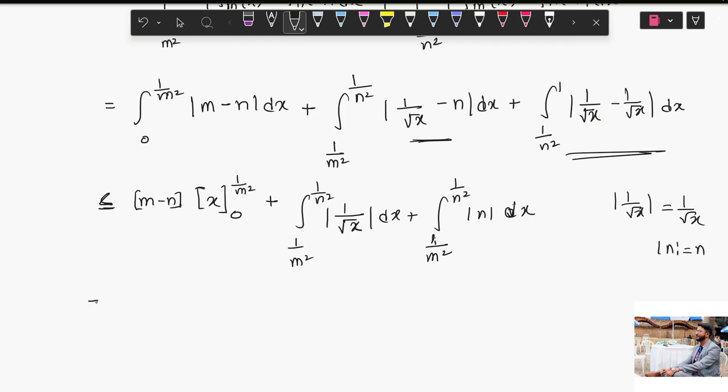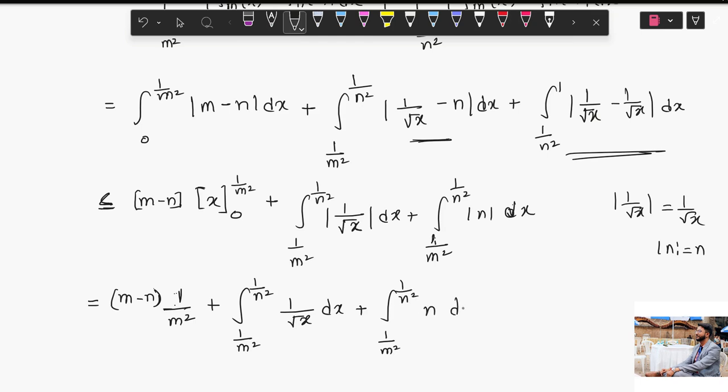So in the next line, I can write m minus n into 1 by m square plus the integration from 1 over m square to 1 over n square of 1 by root x dx plus the integration from 1 over m square to 1 over n square of n dx.